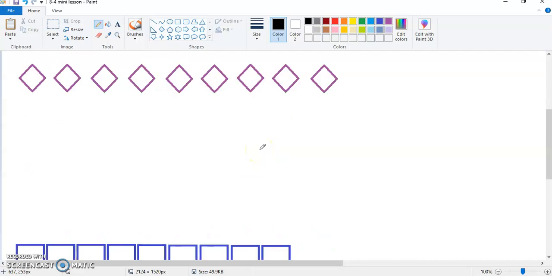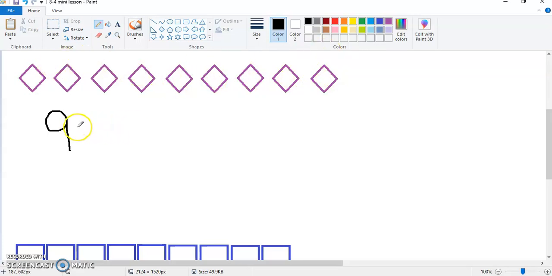What if we started with 9? So remember, when we do this, we are saying we start with 9 purple diamonds. 9. 1, 2, 3, 4, 5, 6, 7, 8, 9. 9 purple diamonds.